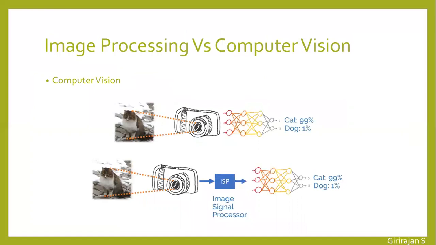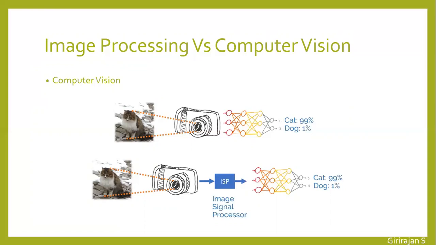So, computer vision. I believe all of you are on Facebook, and the moment you upload any kind of picture on Facebook, there is a feature called auto tag. Facebook will give you a suggestion to tag people who are there in an image. So how do you think that happens? That happens all because of computer vision.